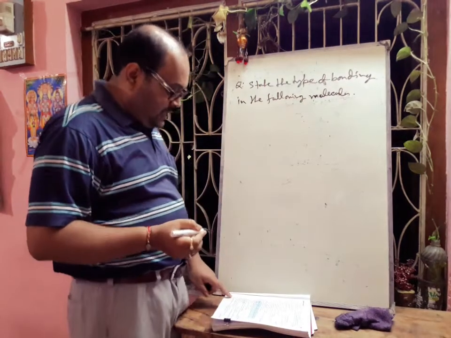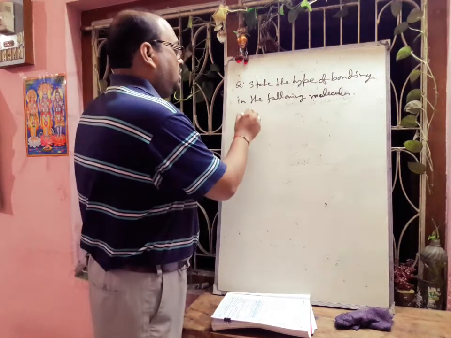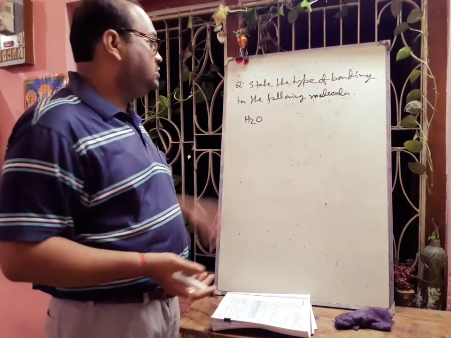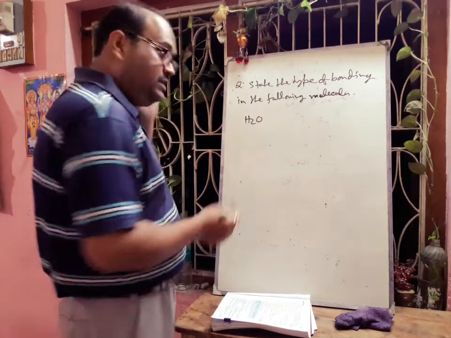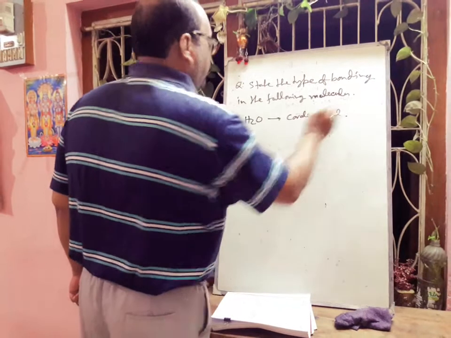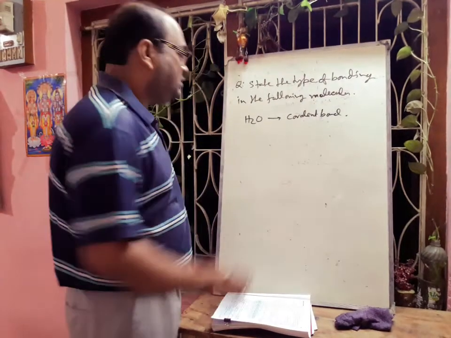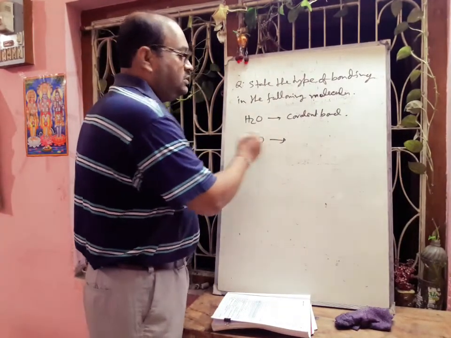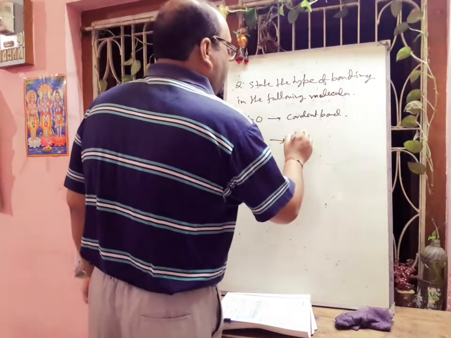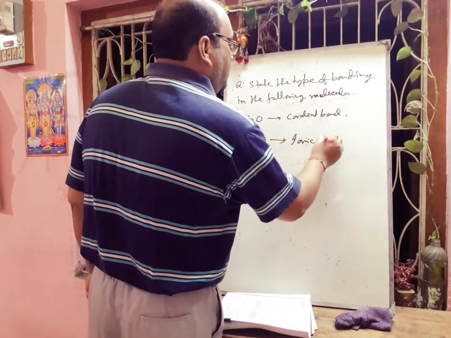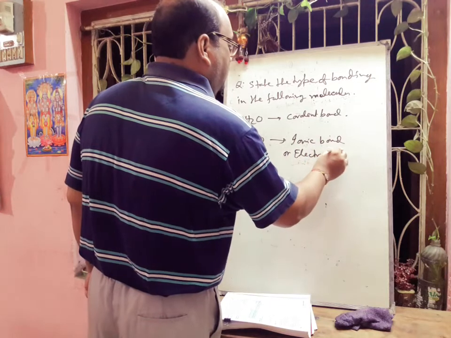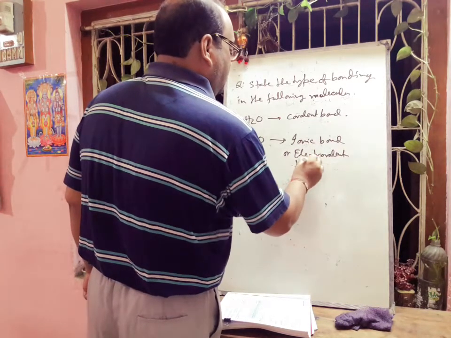So options are given here. Water: you know that water consists of only two covalent bonds, so the type of bonding will be covalent bond. And in case of calcium oxide, there is transferring of electrons and it consists of ions. Definitely, the type of bond present here is ionic or electrovalent bond.